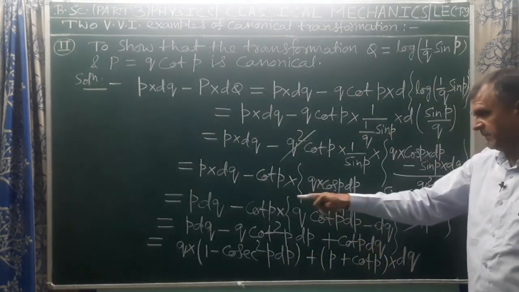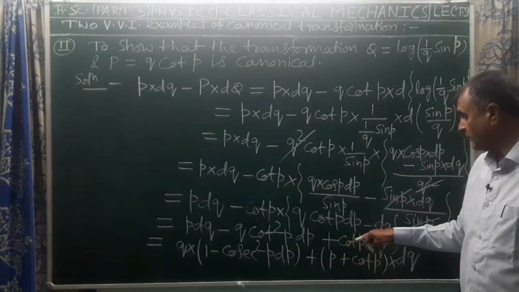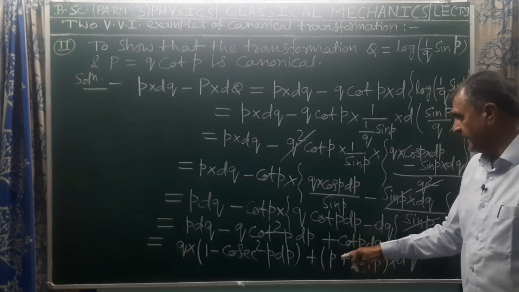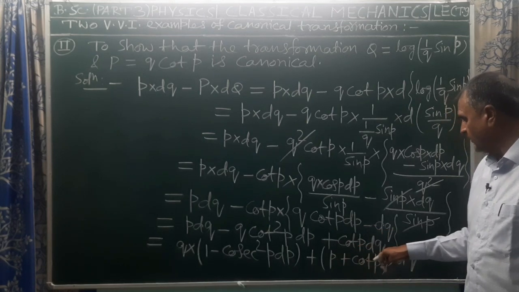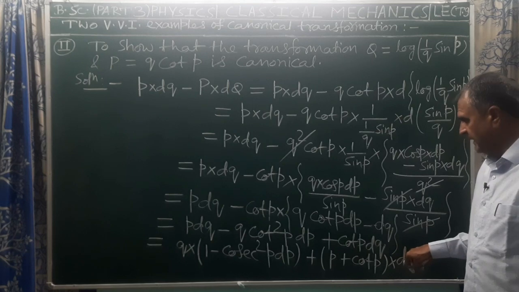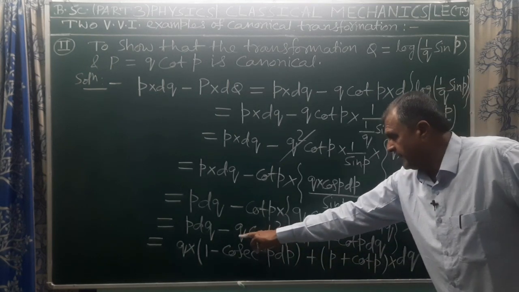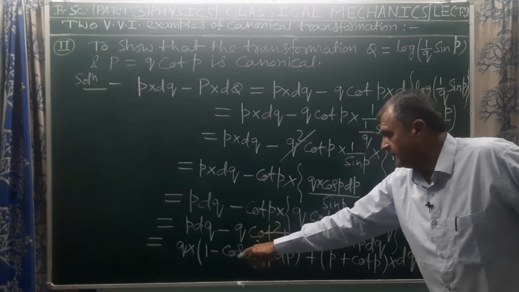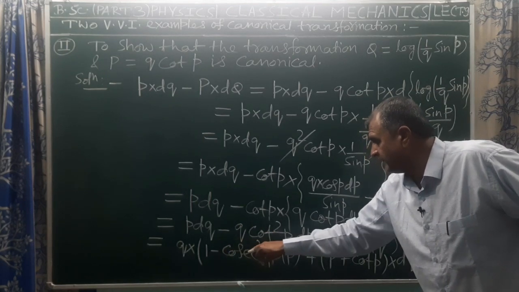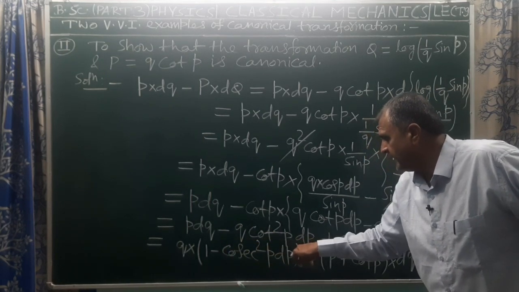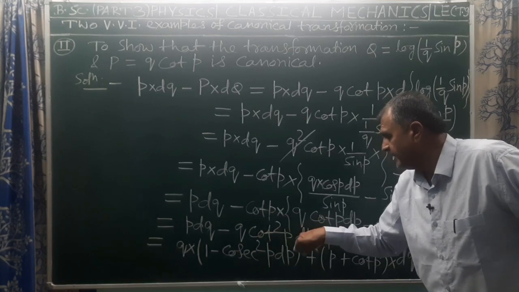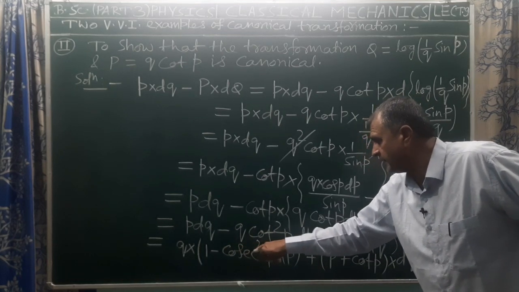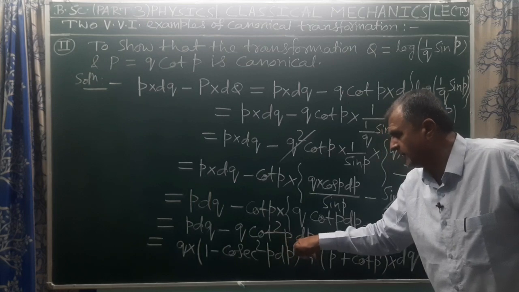The second term is q into 1 minus cosec square p into dp, where in place of cot square p dp we have written 1 minus cosec square p into dp using the formula.